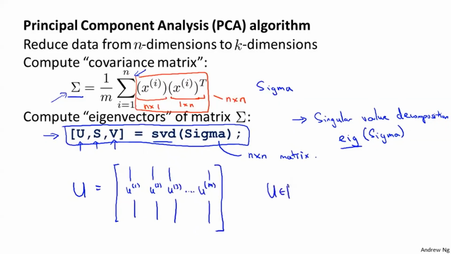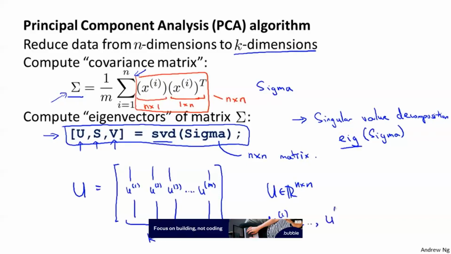So U will be an n by n matrix. And if we want to reduce the data from n dimensions down to k dimensions, then what we need to do is just take the first k vectors. And that will give us U1 up to UK, which are the k directions onto which we want to project the data.